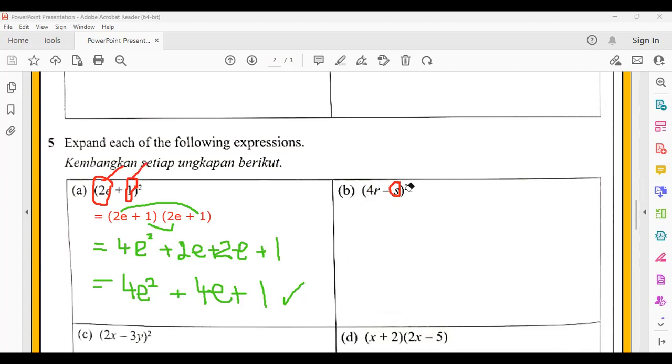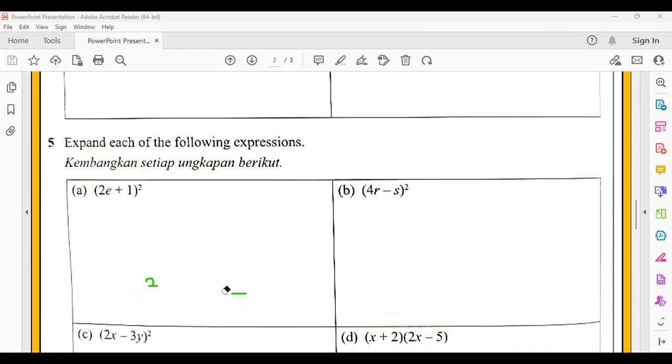Now, to expand a bracket, you follow this formula. If it's a plus sign, you see the plus sign. So the formula goes like this. You just have to take a squared, plus, follow the sign, 2ab, plus b squared.